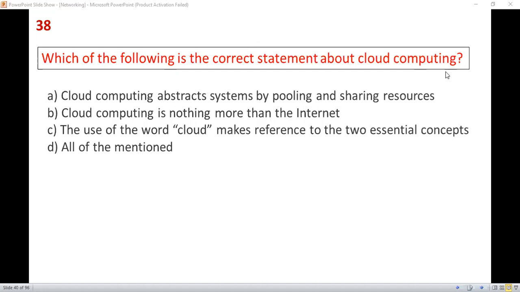If we are talking about a shared pool in cloud computing, cloud computing is a model for enabling ubiquitous, convenient, on-demand network access to a shared pool of configurable computing resources like network, server, and storage. They can be rapidly provisioned and released with minimal management effort or service provider interaction.